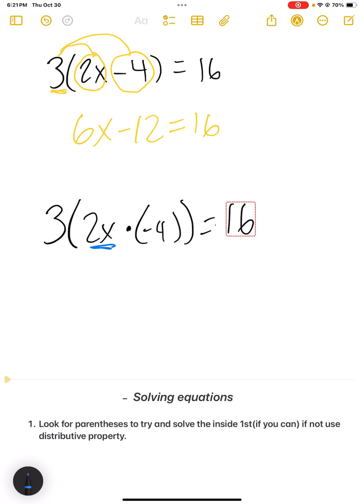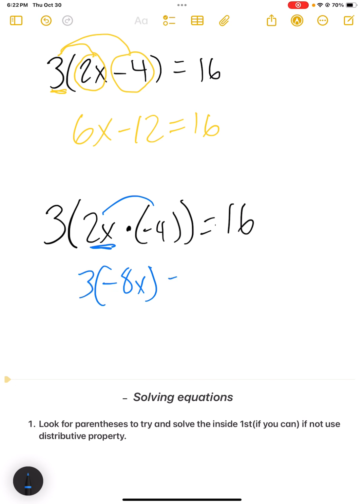But you can multiply or divide a variable and coefficient with a constant. Basically, a regular number and a number with a variable, you can multiply or divide those together. So now we can do what's in the parentheses. That would be 2x times negative 4, which gives you negative 8x, still in parentheses now.